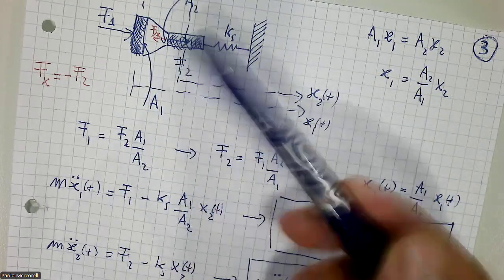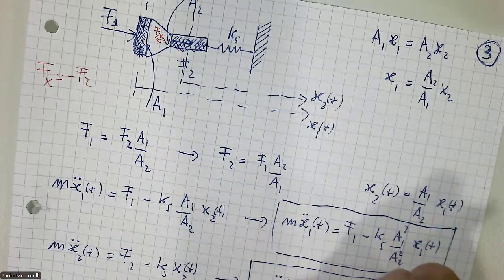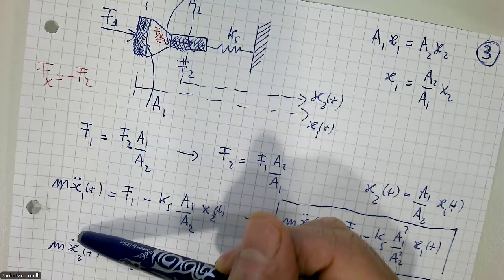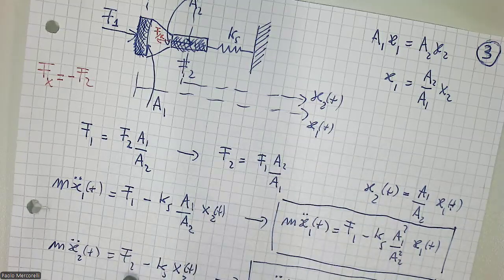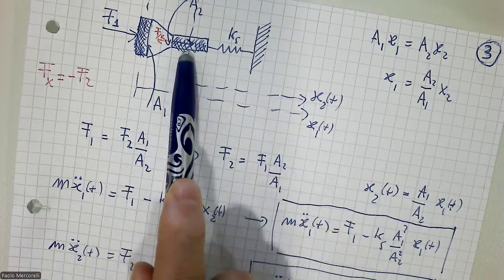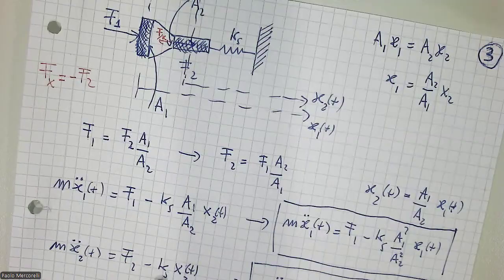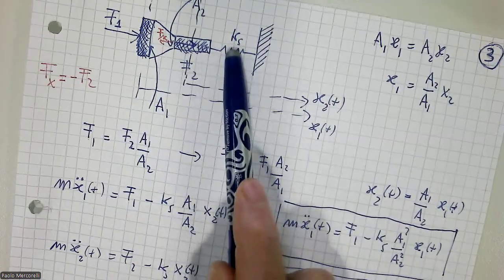This means M multiplied by x2 double dot, in which M is this mass here, multiplied by x2 double dot, the acceleration, equals F2, the force acting on this mass here, minus, of course, it's written here, no?